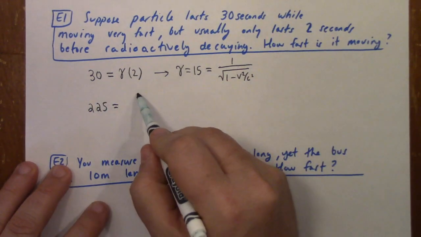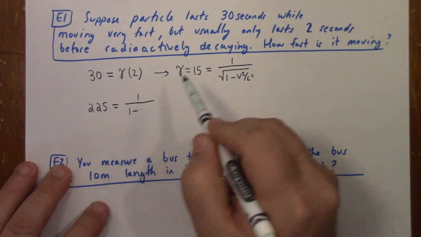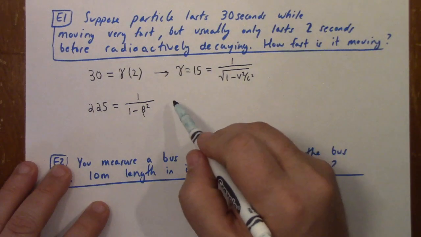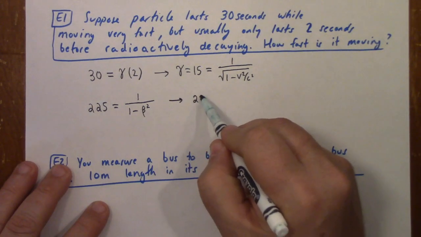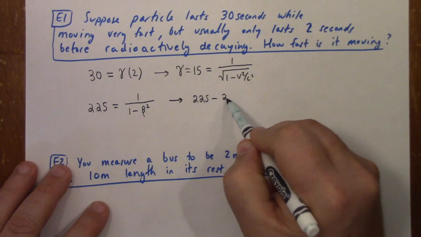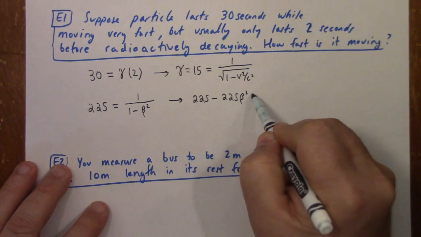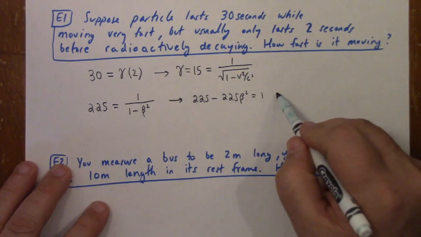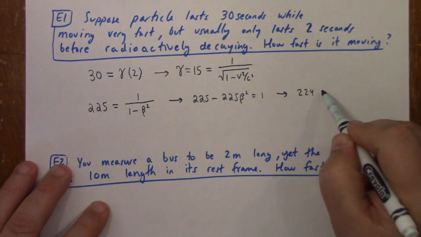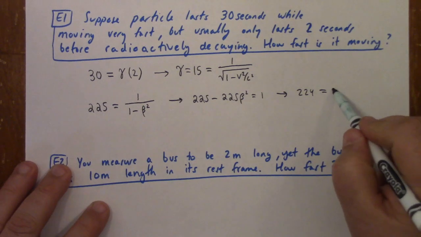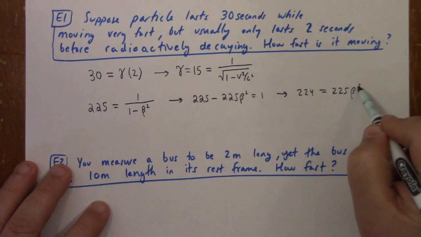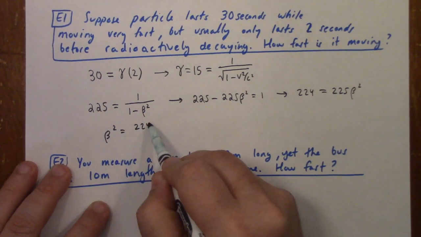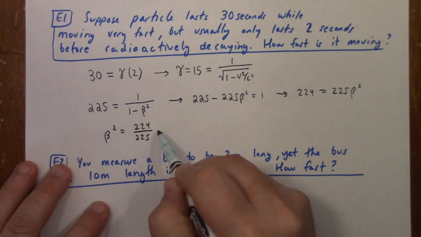225 is equal to 1 over 1 minus, I'm going to call that beta, just because I'm sick of writing that, beta squared. Which then gives me that 225 minus 225 beta squared is equal to 1, which gives me 224 is equal to 225 beta squared, which then gives me beta squared is 224 over 225.